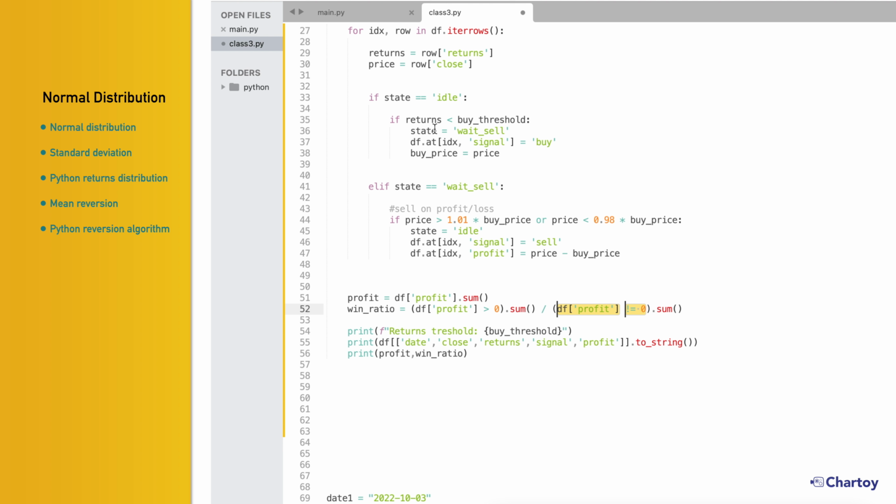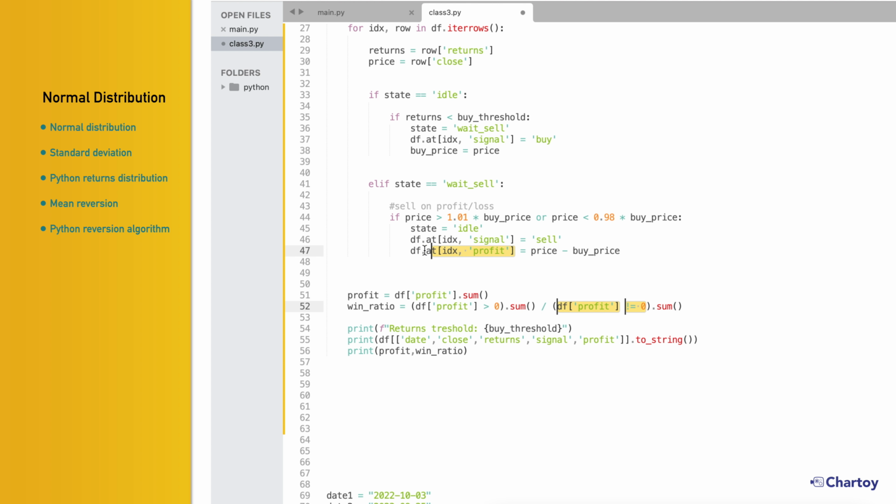And we sum it. So essentially the win ratio is telling us how many times we win in percentage.